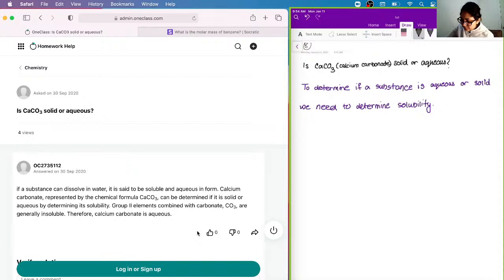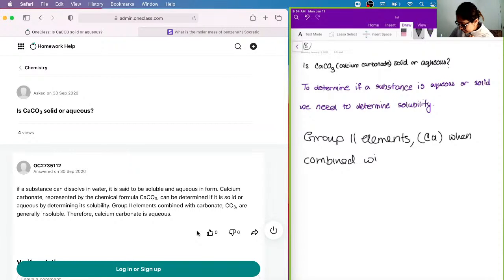In general, what it states is that group 2 elements, which is calcium in this case, when they are combined with carbonate, are generally insoluble.